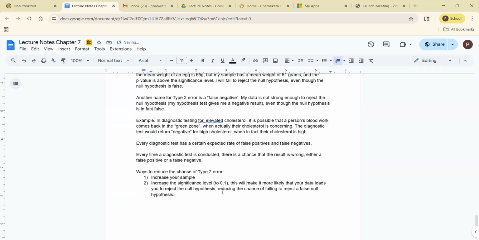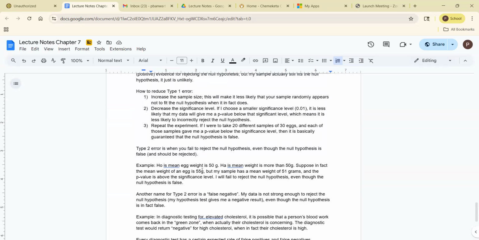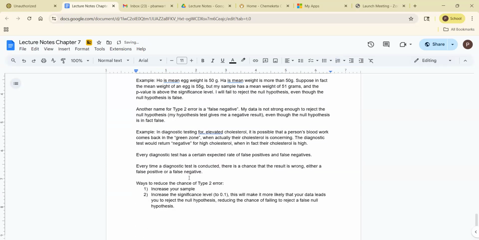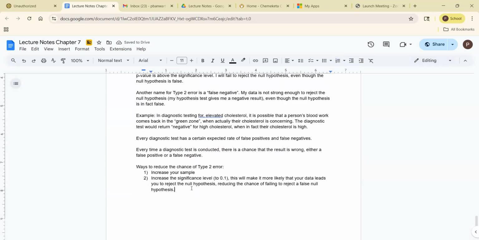However, there's some tension here because if you increase the significance level, you reduce the chance of type 2 error, but you increase the chance of type 1 error. And so again, you have to make a judgment call.